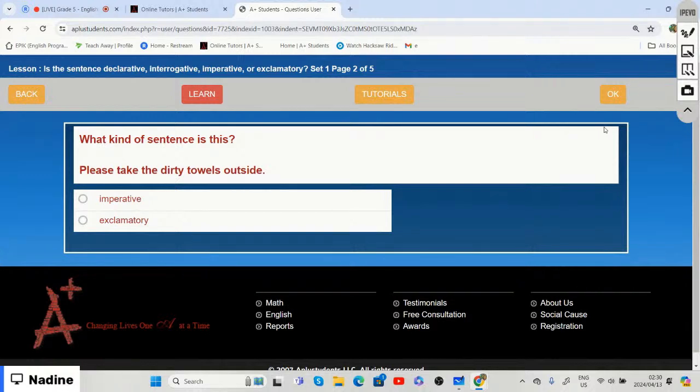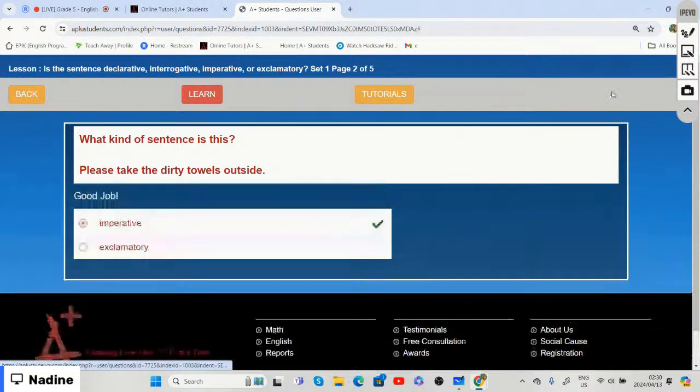Yes, well done. So they are actually commanding or requesting for you to take the dirty towels outside, which means that this is an imperative sentence. So well done. Imperative is correct.